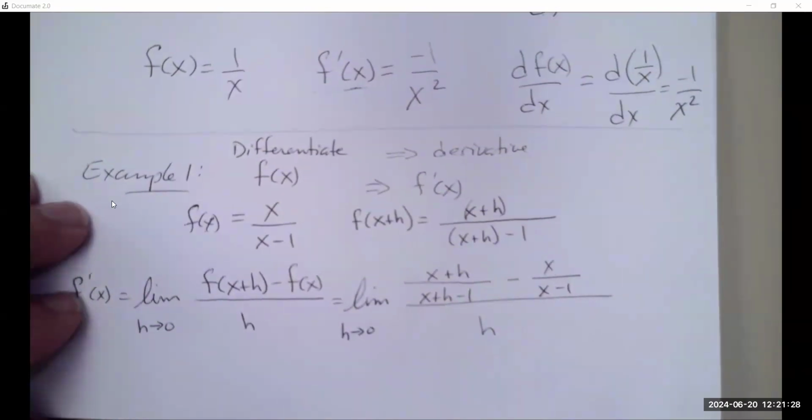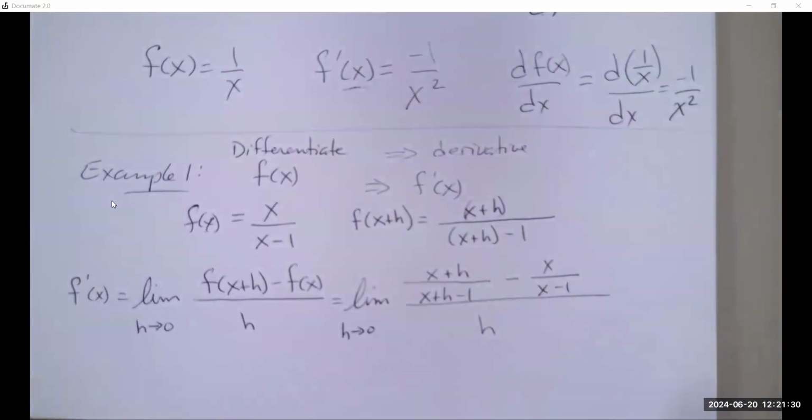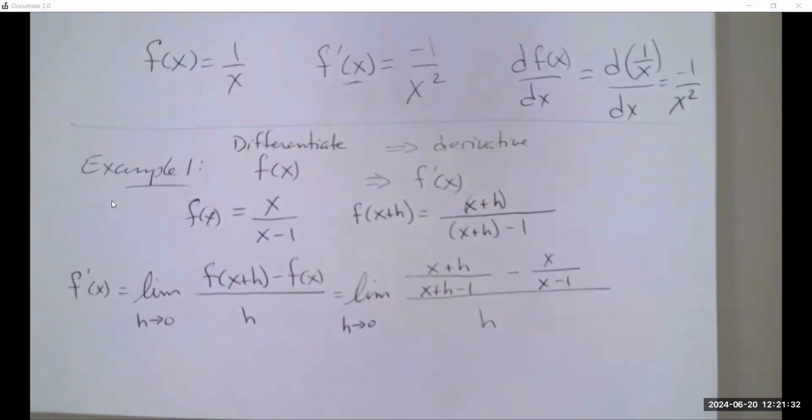So what do I need? What I have to do algebraically now, because calculus is done, now it's the algebra.